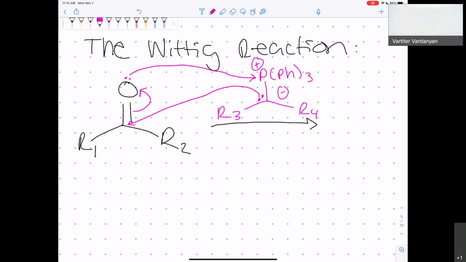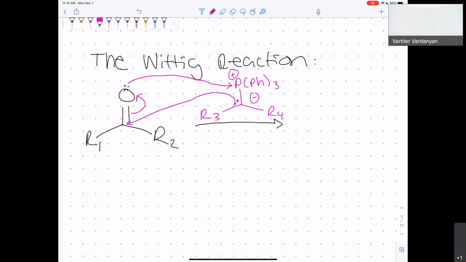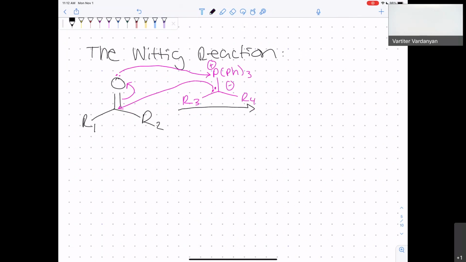Okay, so now we get this weird box structure type thing, and I'm going to keep it as consistent and similar as I can. So this carbon has R1 and R2 on it, and that now has a bond to this carbon, which had R3 and R4 on it.